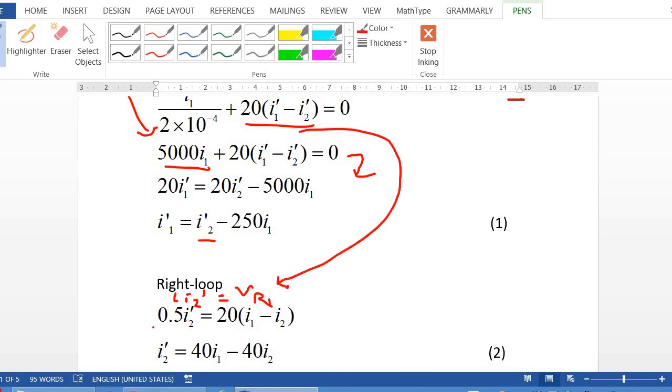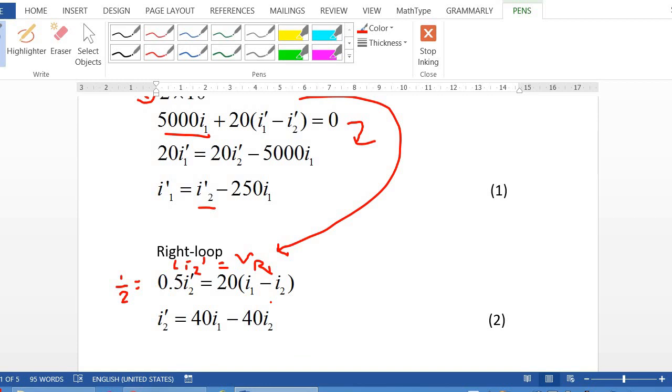Solving for I2 prime, we divide both sides by 0.5 or multiply by half. 0.5 is actually half, so it's either you multiply by 2 or divide by 0.5. Multiply by 2, so 40 I1 minus 40 I2.